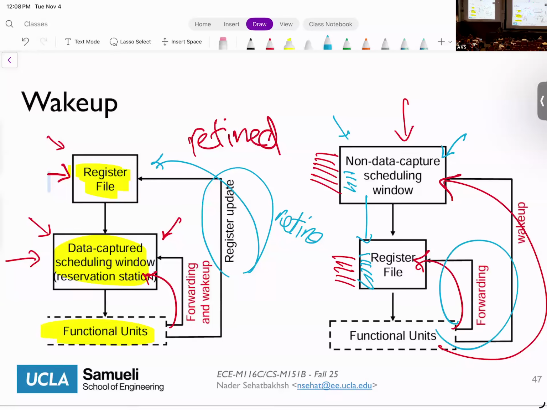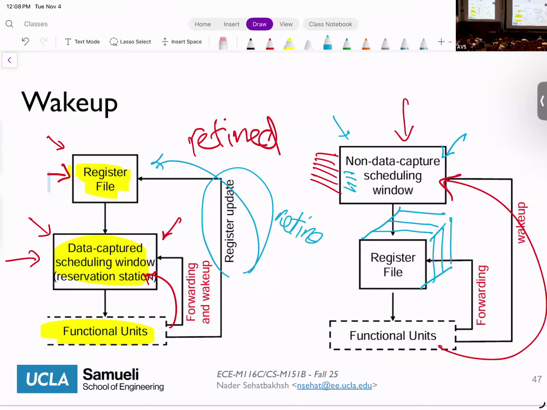But your forwarding needs to happen in the register file, because you need to read the values, and the values are the ones that are inside the register files. If you remember last time, think of this register file as a cube. There are actually multiple instances of the register file, so that whenever you need to do some speculation, you create a copy.